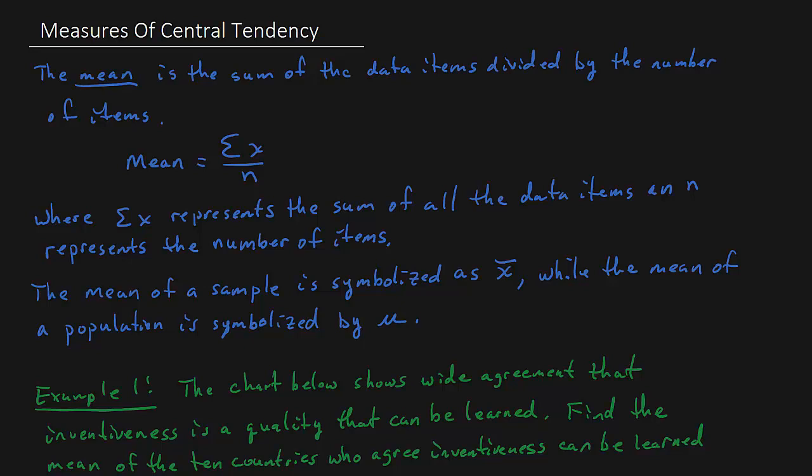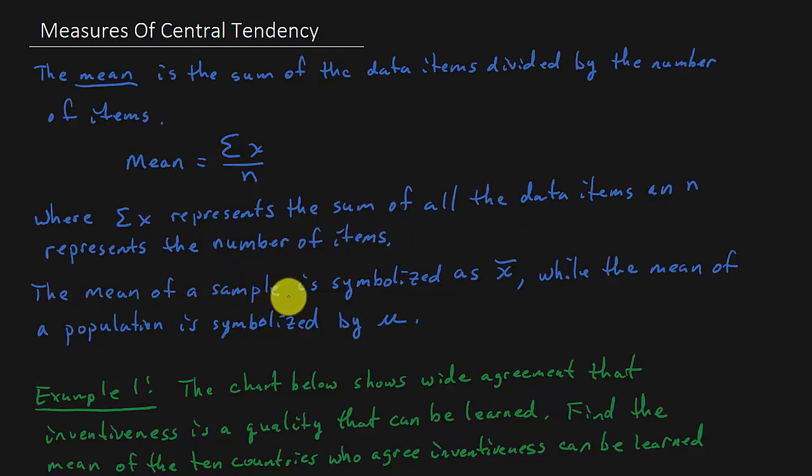The mean, or average, is the sum of the data items divided by the number of items. So the mean is the sum of x divided by n, where the sum of x represents the sum of all the data items and n represents the number of items.